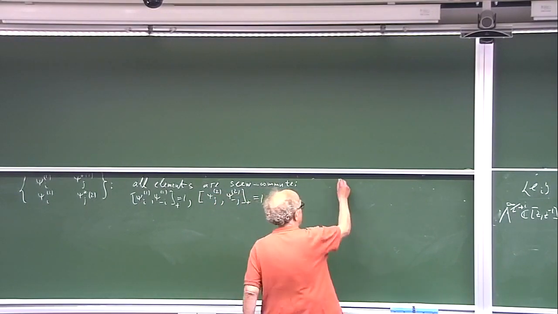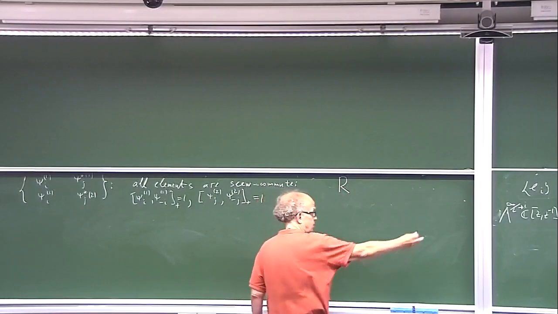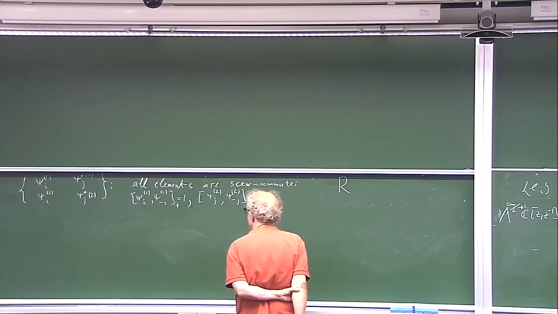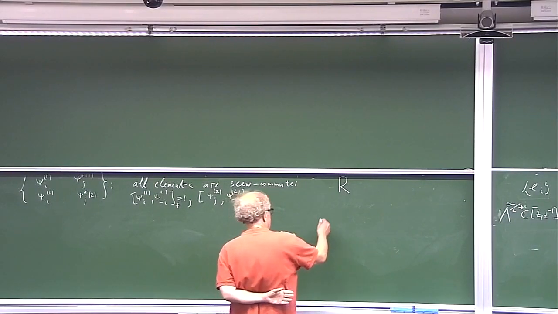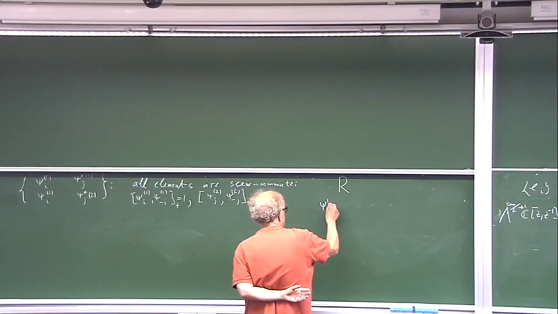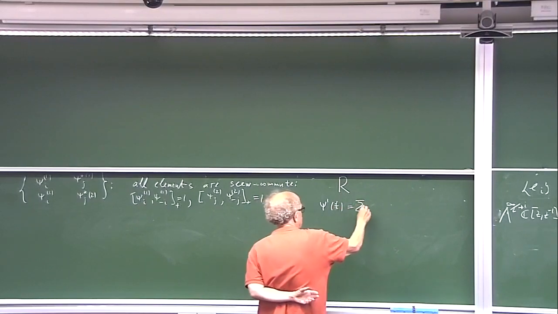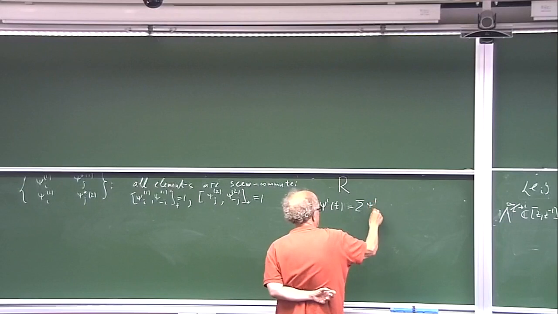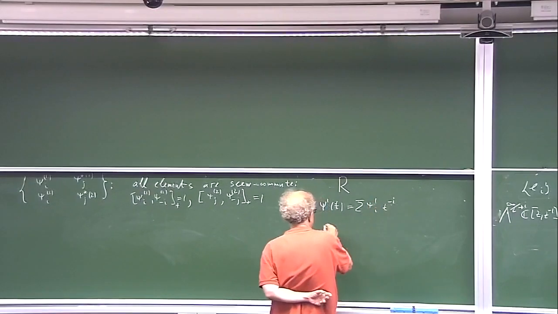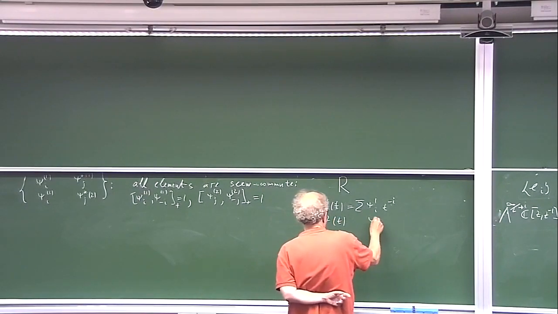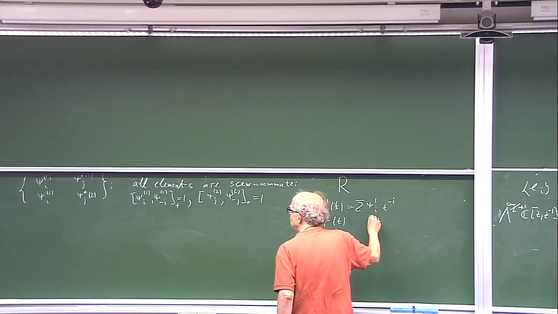So this algebra has a representation with such bases, and we can denote this representation by R, and then I can play the same story. Not a big difference. So I can write down, for example, psi1(z) t. It is the sum of psi1,i t^(-i), and similarly I can write down these, and I can write down a dual.